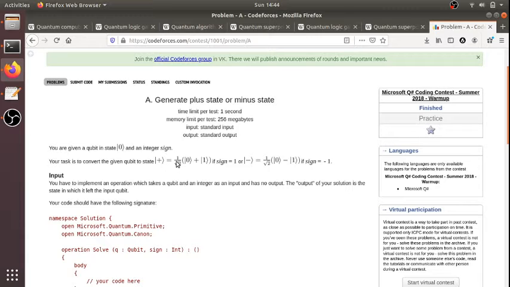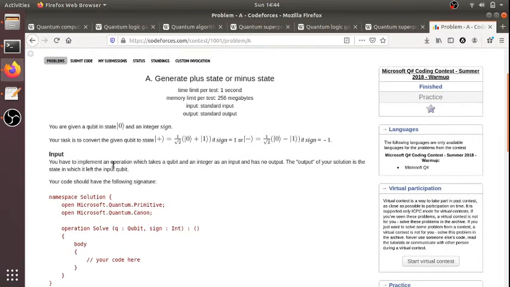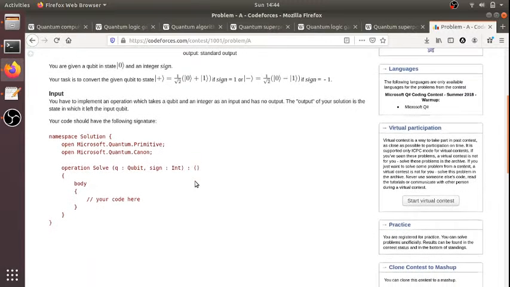Equal to 1 by square root of 2, 0 plus 1 if sign equal to 1, or minus 1 by square root of 2, 0 minus 1 if sign is minus 1. What is the sign? The sign is given. You have to implement an operation which takes a qubit and an integer as an input and no output. The output of a solution is the state in which you left the input qubit. Your code should have the following signature.